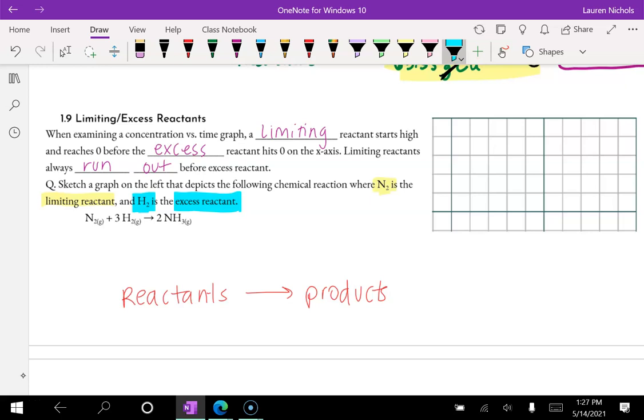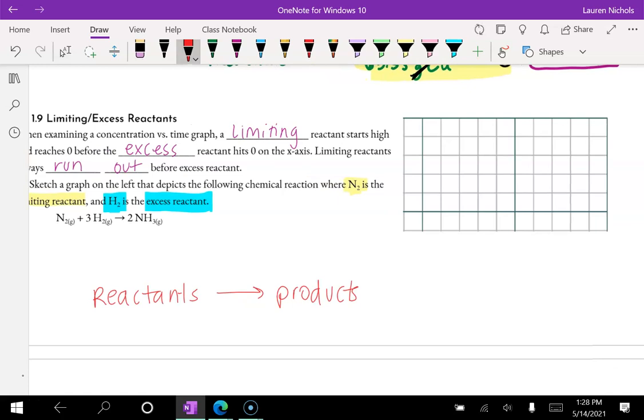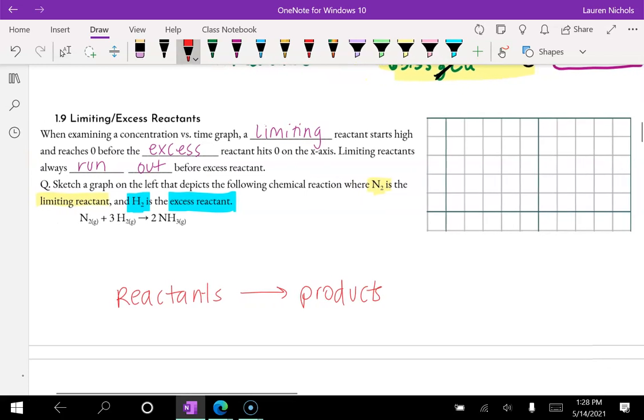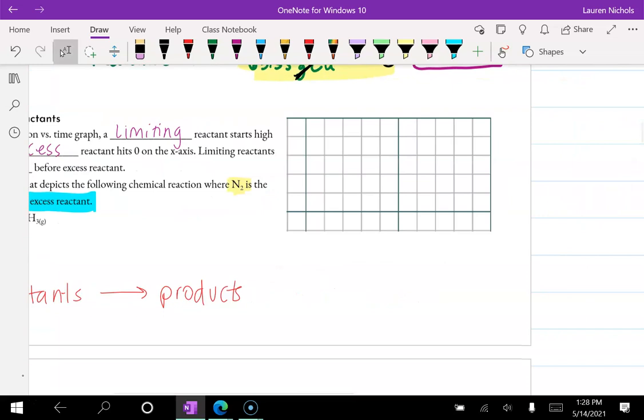So when we look at this graph, your limiting reactant, nitrogen, so let's say nitrogen is going to be this one. If it's the limiting reactant, that means it's going to start out kind of high, and it's going to slowly start to decrease, but it will hit 0, and then it'll just stay 0.